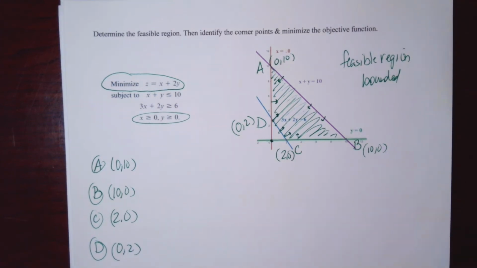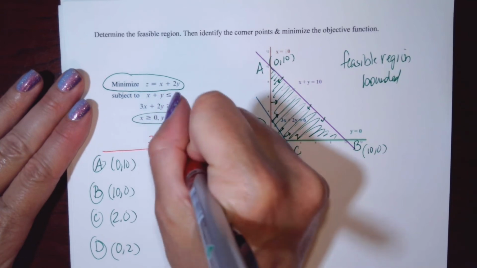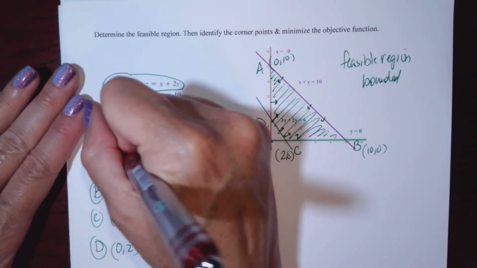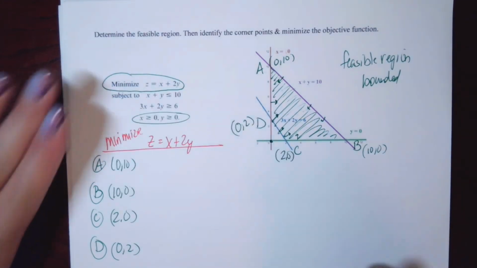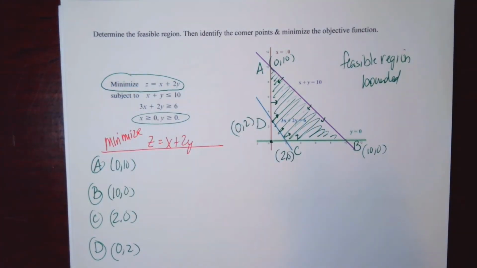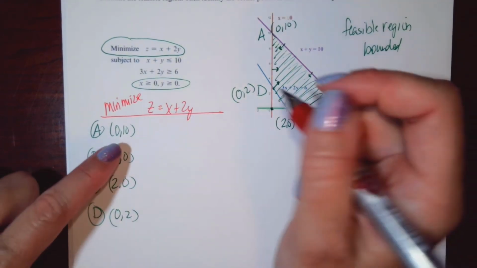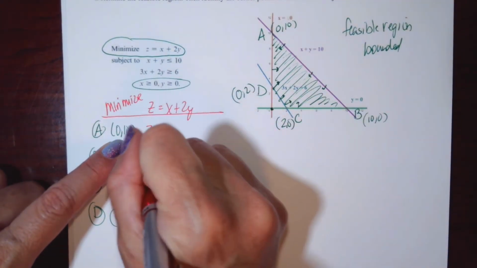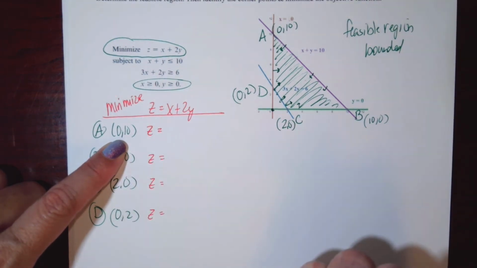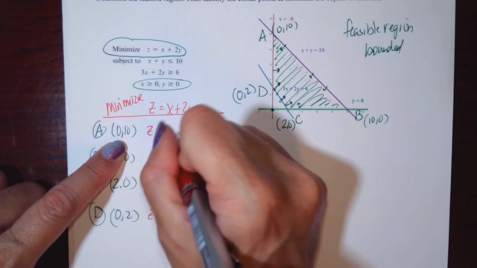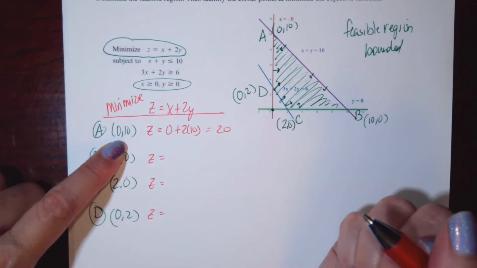And I have my objective function that I want to minimize. So probably a cost function. We tend to want to minimize costs. So we want to find, because I'm telling you to find them all, not guess, we want to find all of these values. If x is 0, y is 10, my function value is 20.